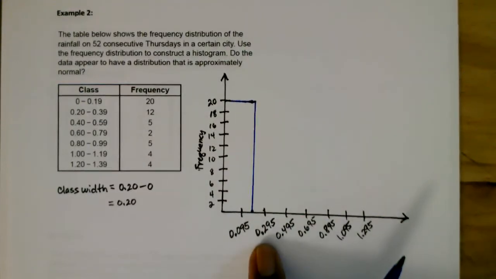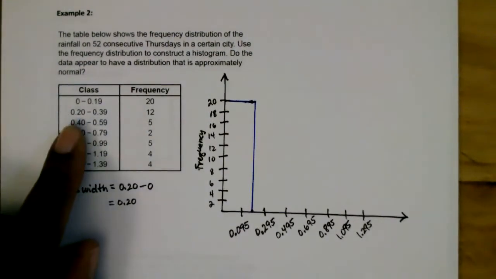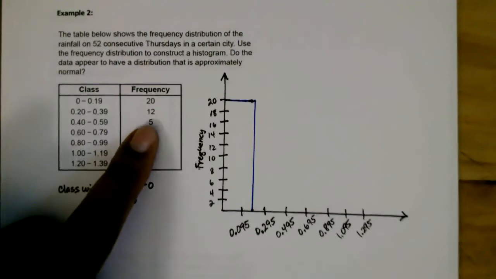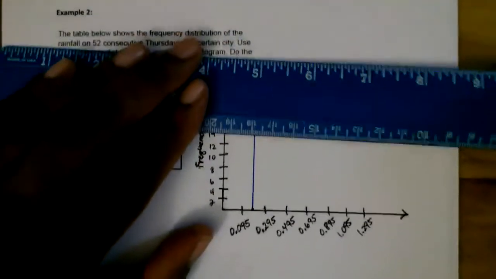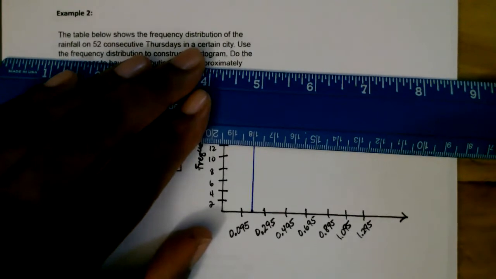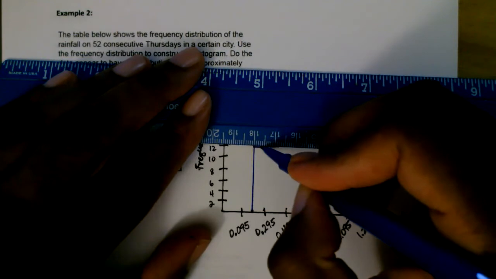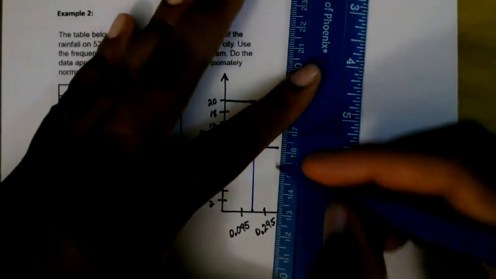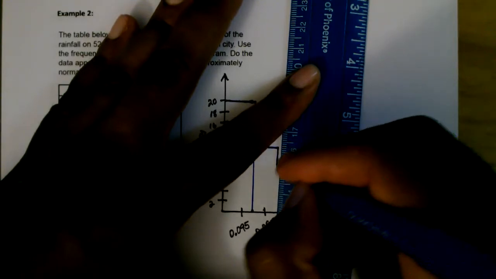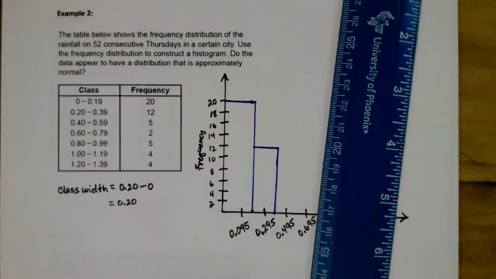And then the next class midpoint was 0.295. That's for 0.20 to 0.39, and it has a frequency of 12. So the height of that bar will be at 12, and that bar will be drawn so that the mark for 0.295 is at the center.